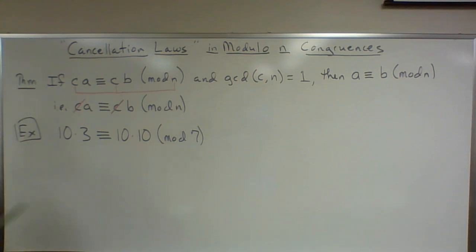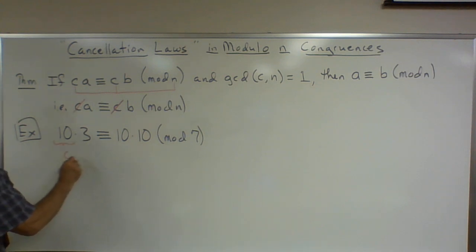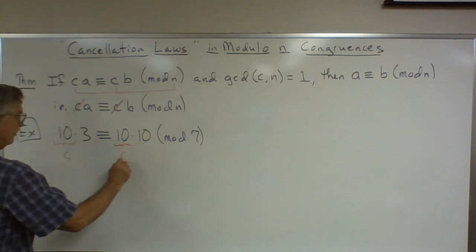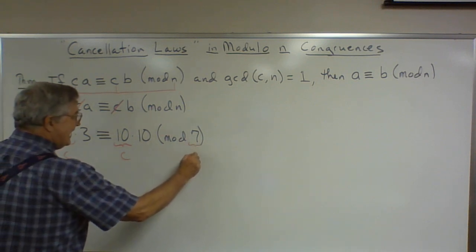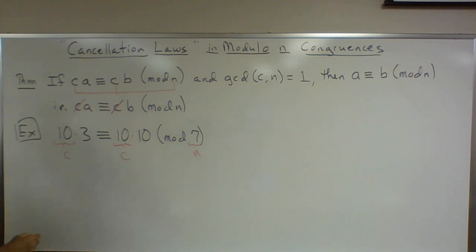And as an example, let's look at this congruence. Now we have a common factor on both sides. That's 10. So that's going to be our C. And 7 is going to be our n. And guess what?